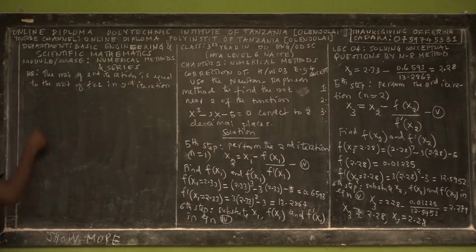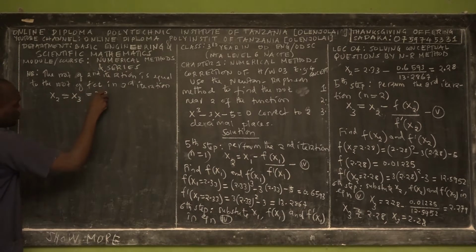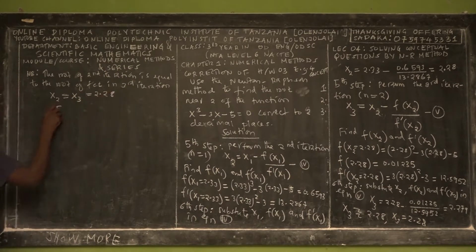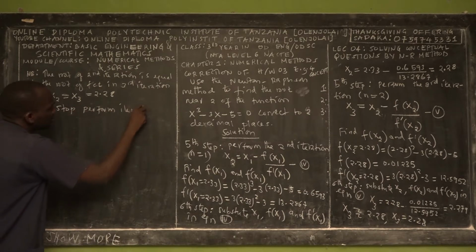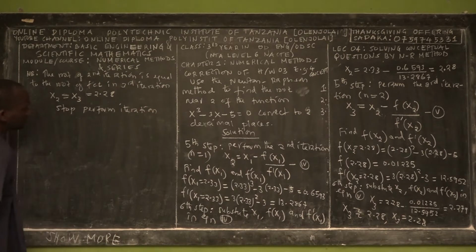So for this case, it means that we found x2 is equal to x3, which is equal to 2.28. So stop performing iteration.